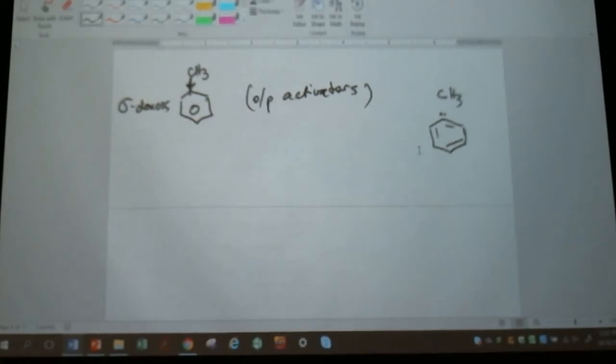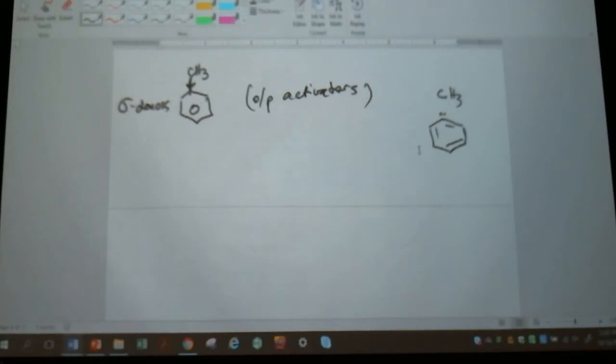This has to do with your ring, because the pi electrons can form temporary dipoles, which are a little bit more pronounced than those of the methyl group. So there's a difference between these two entities. It so happens that methyl groups are going to end up giving more electron density to the ring by whatever mechanism.